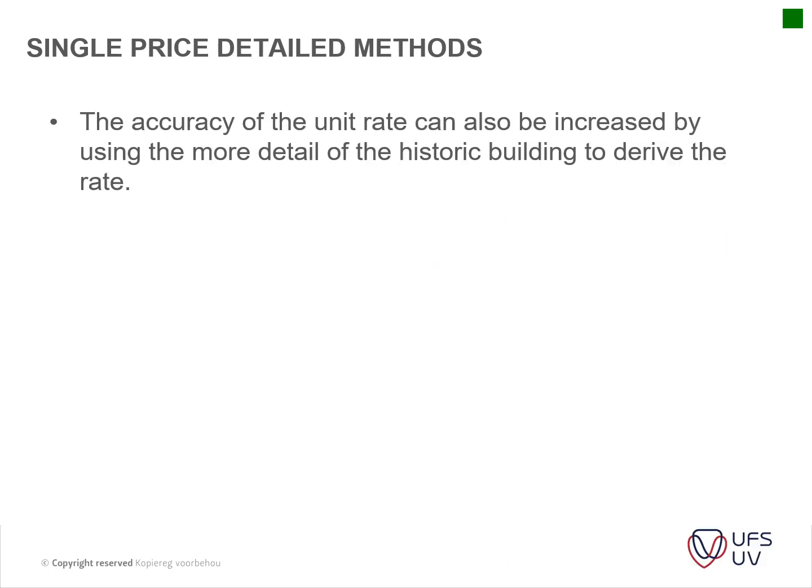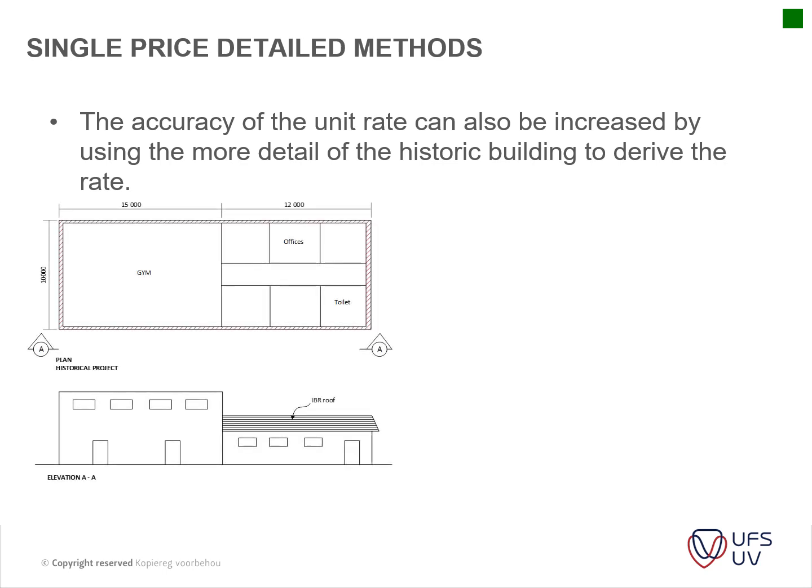Then you've got your single price detailed methods. This is what we've looked at. The accuracy of the unit rate can also be increased by using more detail of the historic building to derive the rate. So this is an example that I discussed in class, where you had a previous development that had certain elements towards a new development.